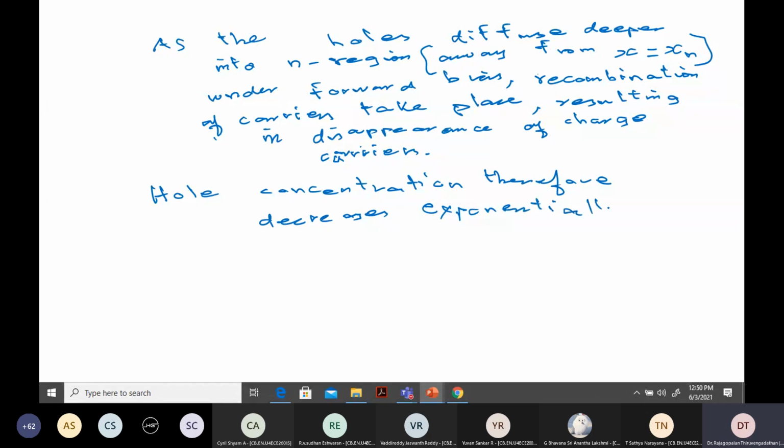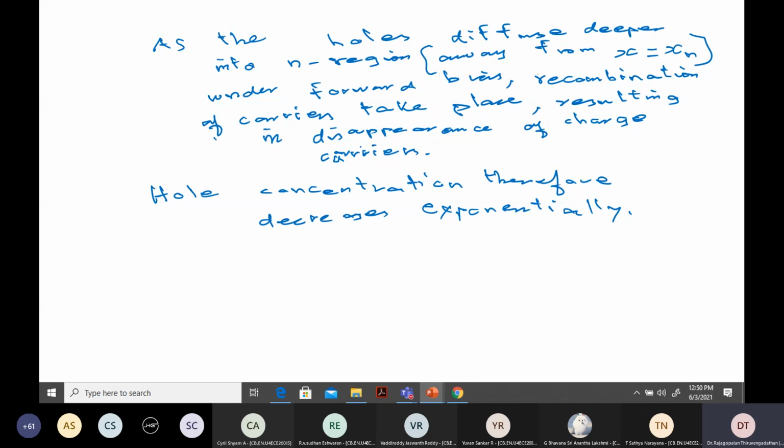Now, you have to understand, forward bias is acting. Remember that. The holes are getting in and recombining with the electrons, but depending on the forward bias voltage, the recombination rate will be adjusted.